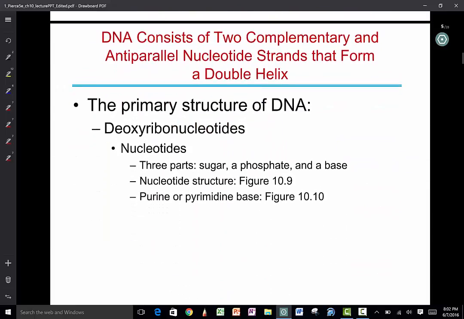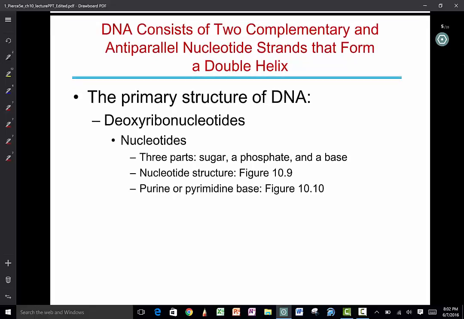All right, so we need to be able to think about the structure of DNA, and DNA consists of nucleotides linked together. Each nucleotide has three parts: a sugar, a phosphate, and a base. You'll have to be able to draw out nucleotide structure in the online format.